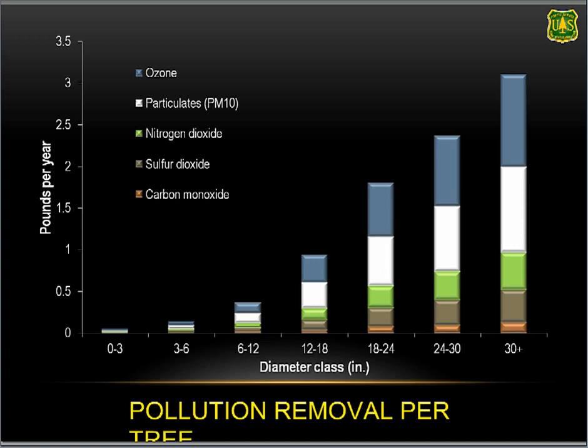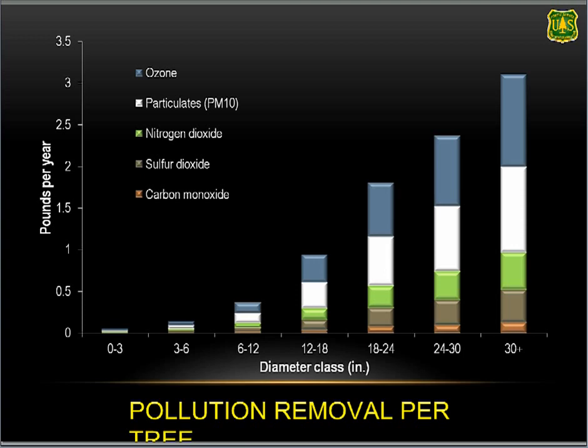What this graphic shows is the relative differences based on tree size and based on the type of pollutant. You can see again, trees do their best at removing ozone and particulate matter, followed by nitrogen dioxide and sulfur dioxide, and then finally carbon monoxide.